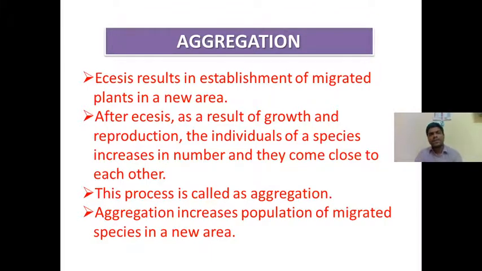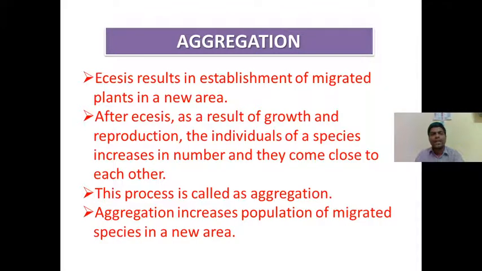For example, one seed is migrated from one climatic condition to another climatic condition, or for example from Nainital to Lanza. The seed will germinate in these climatic conditions, growth and development will take place and the plant will become adult. In adult phase, the plant will produce flowers, fruits and seeds, and seeds will be dispersed in nearby areas or may be carried by wind to other localities also.